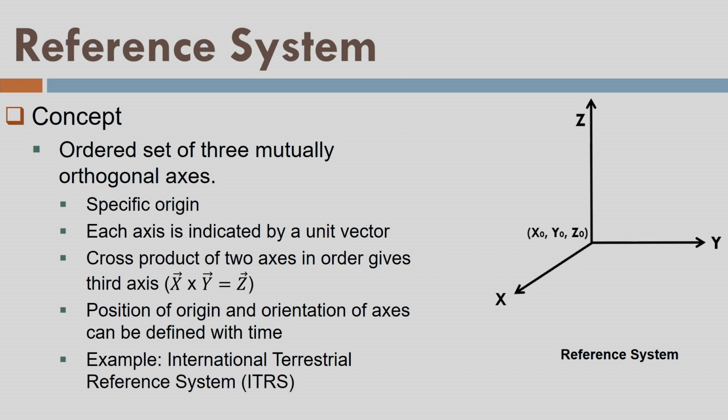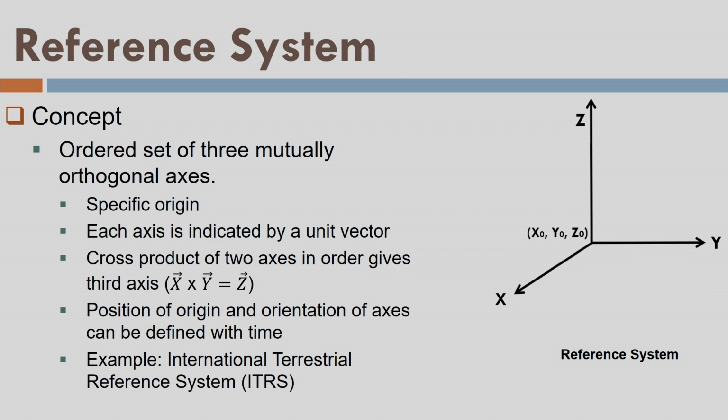The other type does not rotate with Earth, and such systems are called inertial reference systems. We will talk about inertial reference systems later in other modules, but here we will work with the non-inertial reference system only. One example of it is called International Terrestrial Reference System, ITRS.